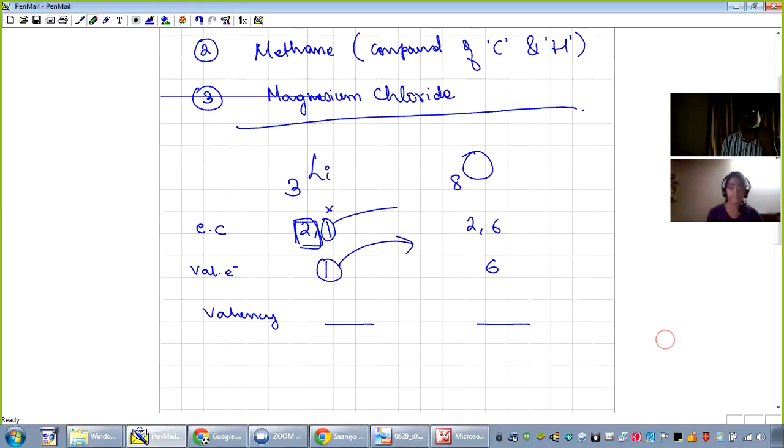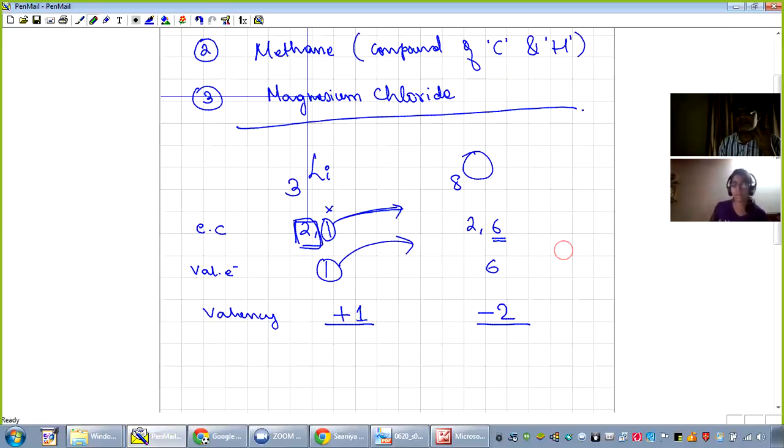For lithium, what it is going to do, it is going to give away this one electron. Its valency will be 1. And this is going to take, so it's going to be -2, because it needs 2 more electrons.